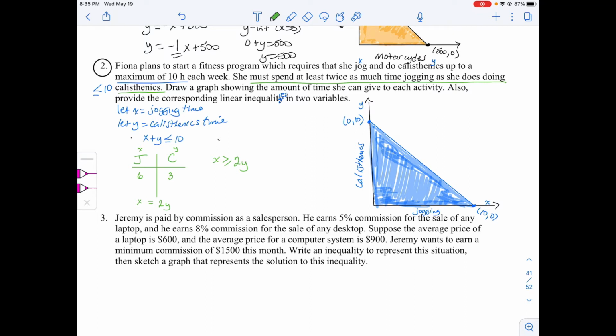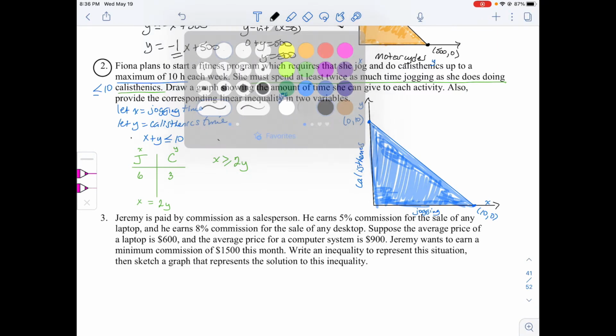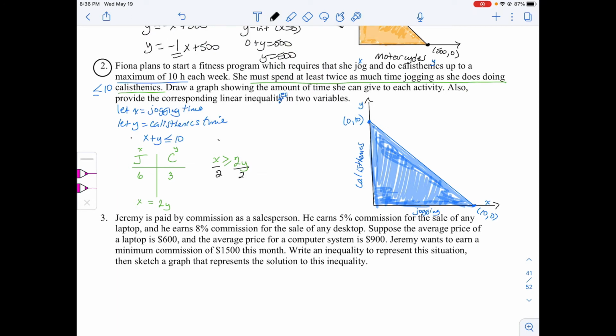Now, how to draw that? If I think about this as a y equals mx plus b situation, I would divide both sides by 2, and then we would get y is less than or equal to 1/2 x. Remember, if we have 2 is less than 5, and I write that around, with the 5 there and the 2 there, I would have to flip that sign.